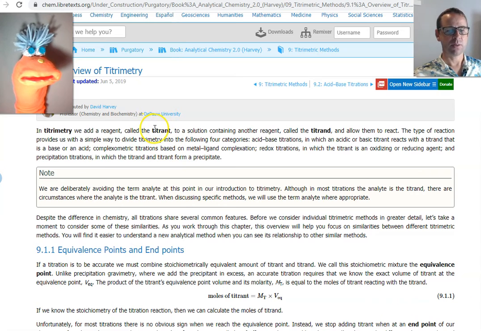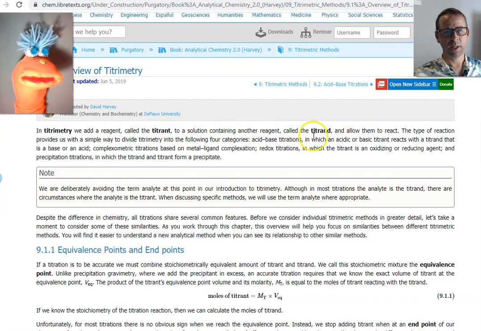So the titrant is our chemical in our buret that we're adding to our titrand, all right? So our titrant is what we're adding, and our titrand is what's being titrated. You also hear people just calling the titrand the analyte, again, referencing what we're trying to identify.